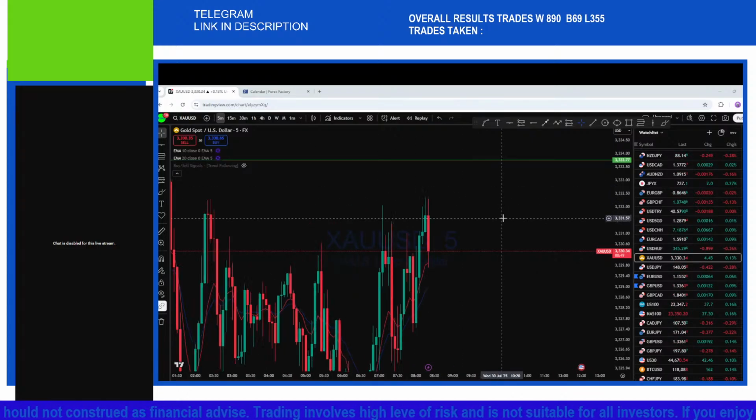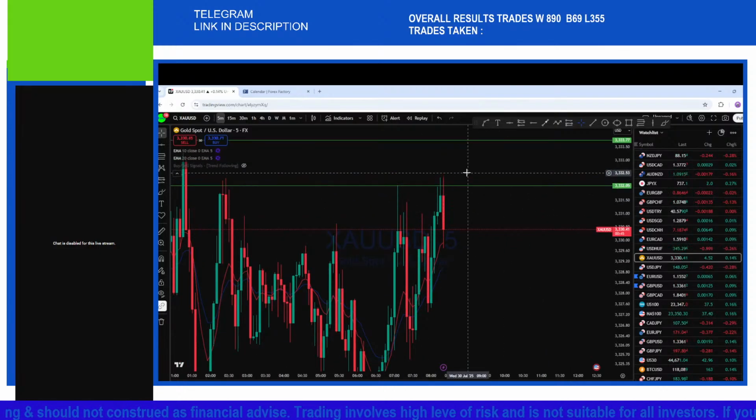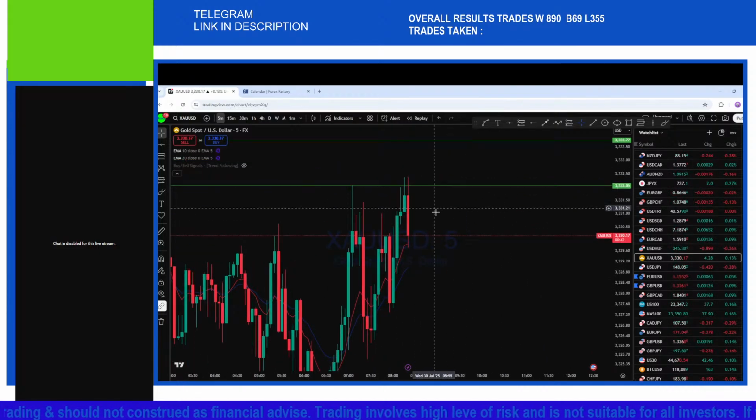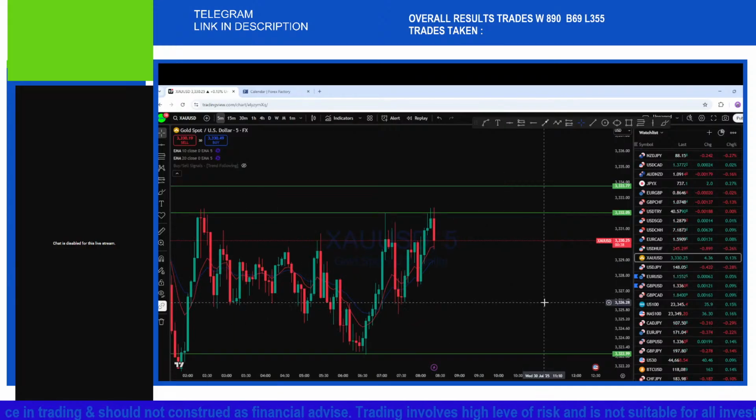If you look at here, this is a previous key level. The market has just crossed that key level and then got that rejection back below.